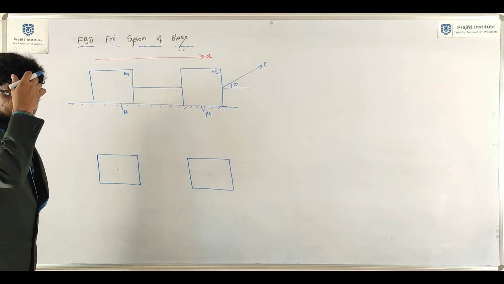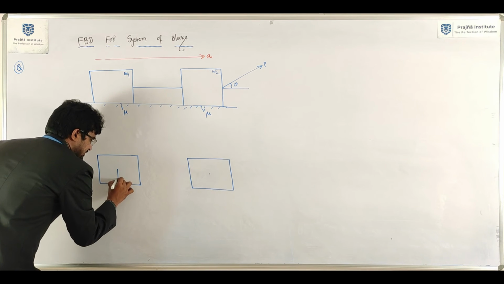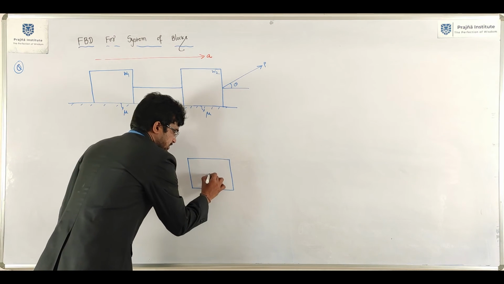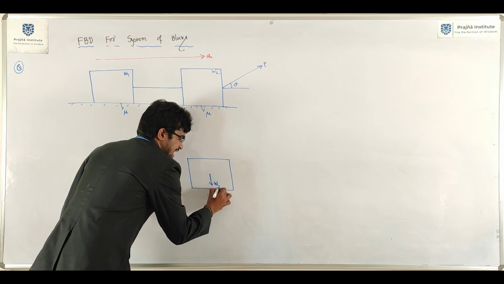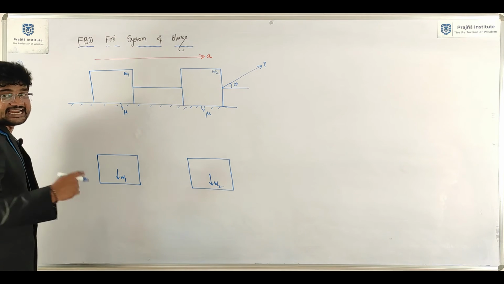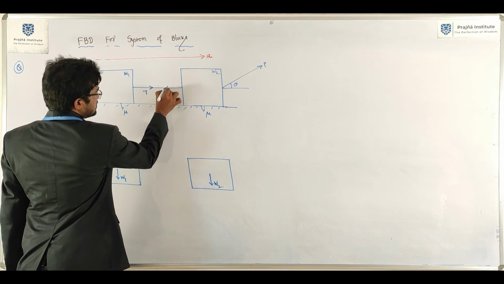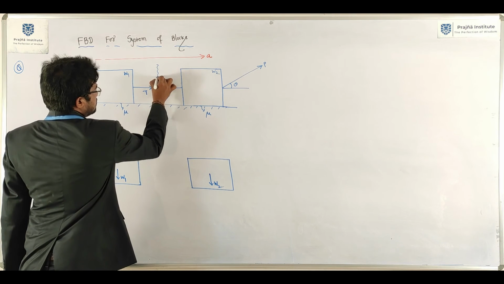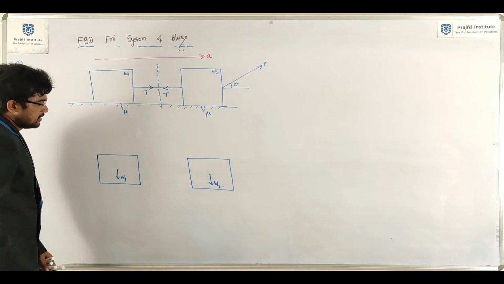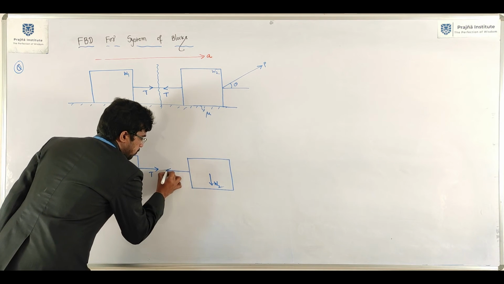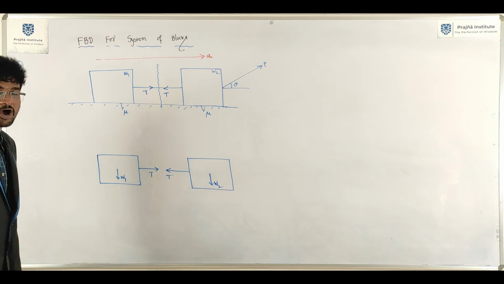What is our statement? Weight always acts vertically downward. Here also the same thing. Next statement, tension always pulls the block. Same string, same tension. So tension always pulls the block.